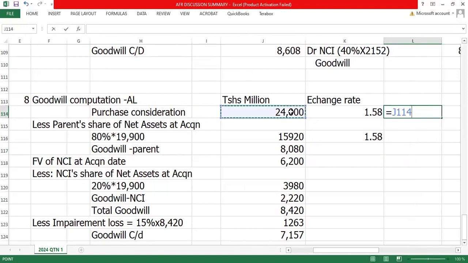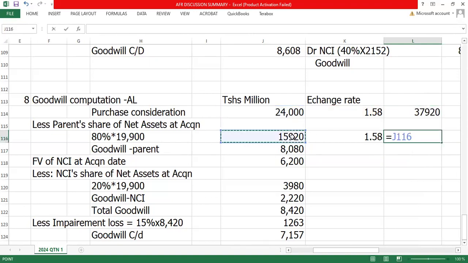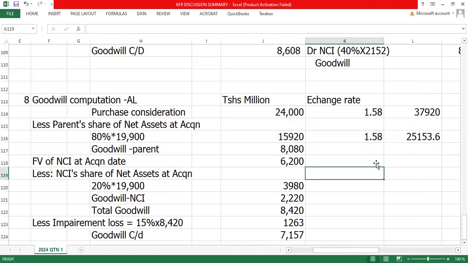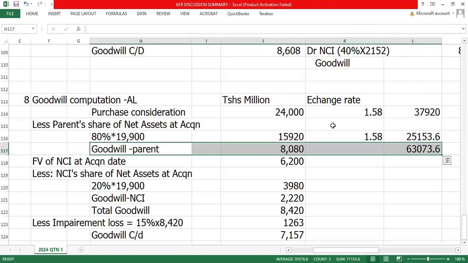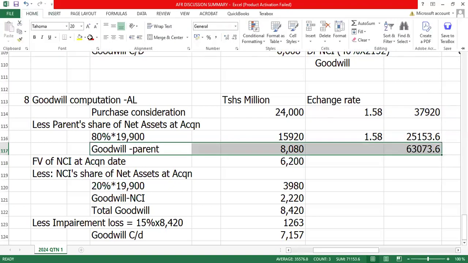Just a minute, I want to show you something, because this times this, but this approach really takes time. The total goodwill is this plus this. That is the total goodwill of the parent. It takes time, yet you would have avoided that.